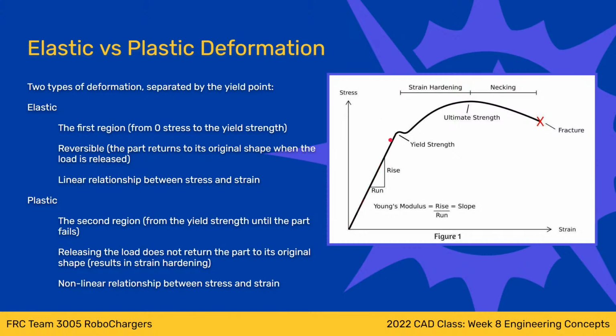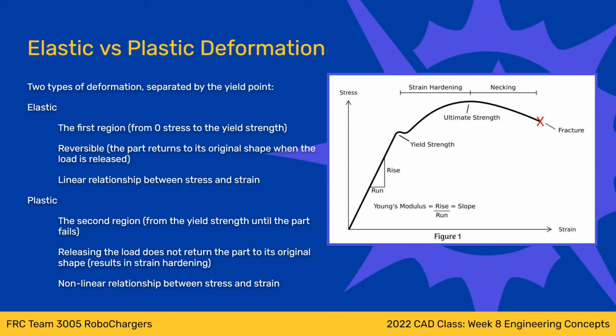And the relationship between stress and strain is obviously, in the real world, very noisy, right? If you were to generate a stress strain curve for an actual piece of material, it would be a more bumpy line. But generally speaking, from a simplified point of view, the relationship between stress and strain in the elastic region is linear. So if you double the stress, you will double the strain, right?